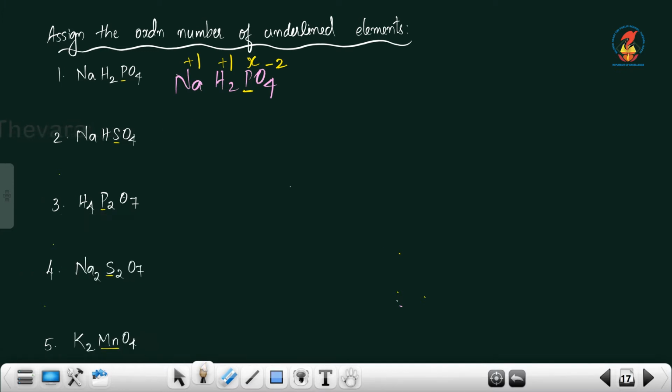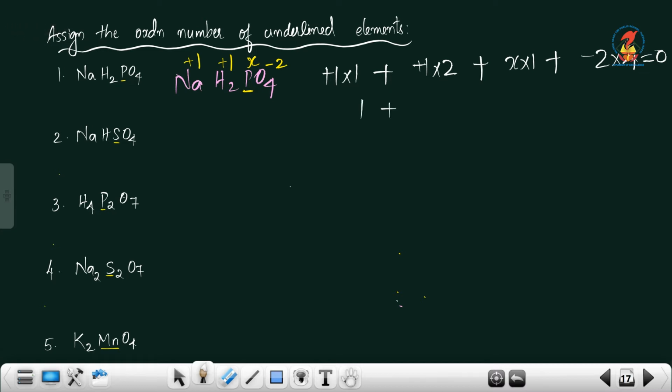So we can write it as, here we have only one sodium, so +1 into 1 plus hydrogen oxidation state is +1 and we have 2 hydrogen atoms, so +1 into 2 plus X is the oxidation state of phosphorus, so X into 1, plus oxygen we have -2 oxidation state and we have 4 oxygen atoms, so -2 into 4, and that should be equal to 0.